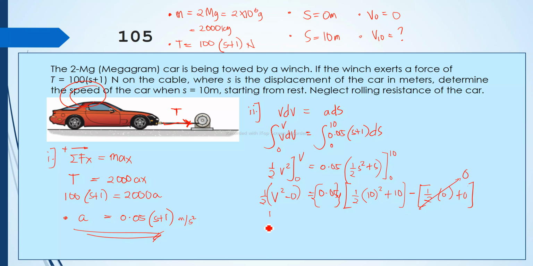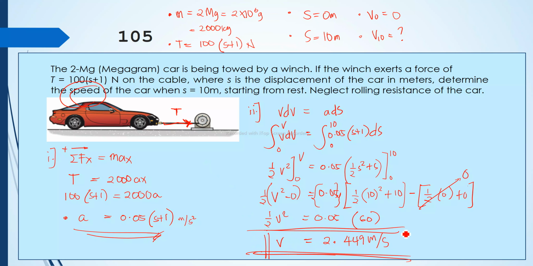Then we have one half v squared equal to 0.05 times 60. Finally, we can solve the velocity as equal to 2.449 meters per second. And this is the solution for our problem number 5.